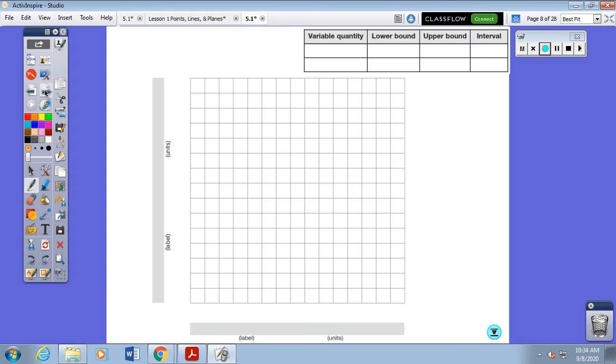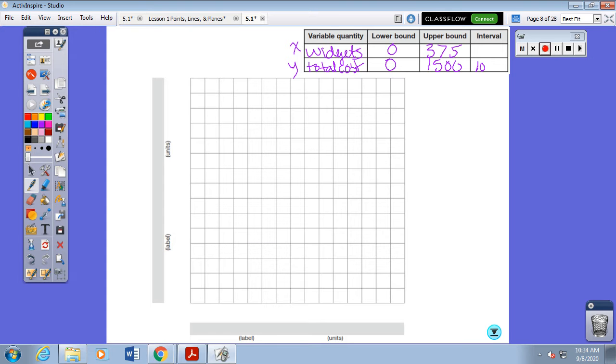So let's graph that. So we have widgets, and we have total cost. Remember, this is X and this is Y. Lower bound, we're going to start at 0 for both. And then upper bound, we're going to go all the way up to 375 when we label, and we'll go up to 1500 when we label here.